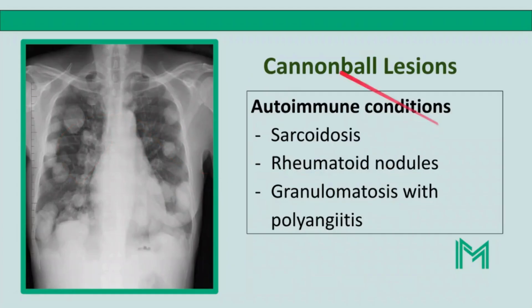Then autoimmune conditions like sarcoidosis, rheumatoid nodules, and granulomatosis with polyangiitis also present with cannonball lesions. So once again, the take home is that not every cannonball lesion is a result of metastasis. They can be due to infections or autoimmune conditions, but more commonly, what we see is from metastasis.